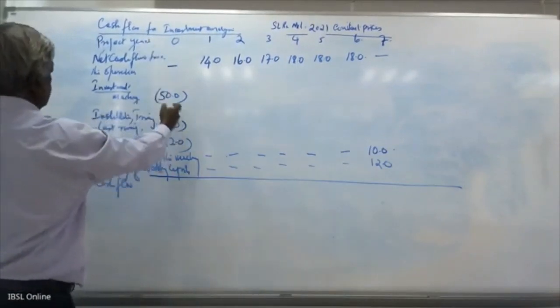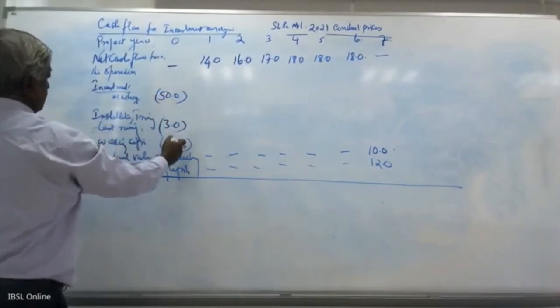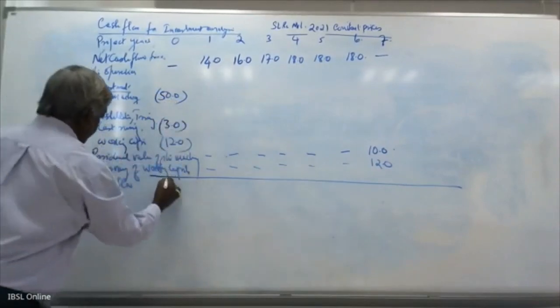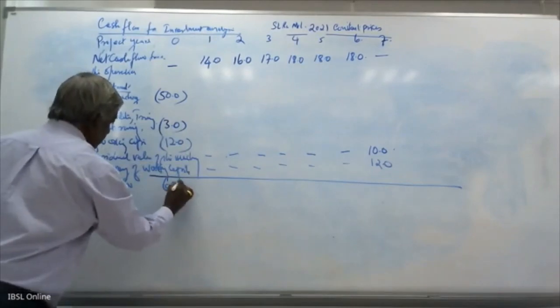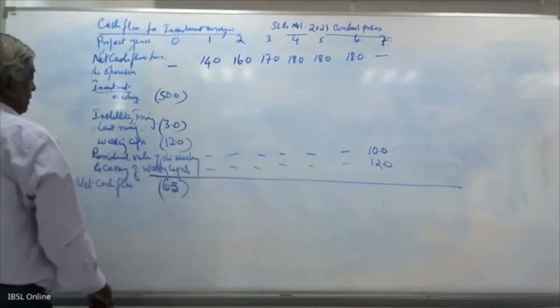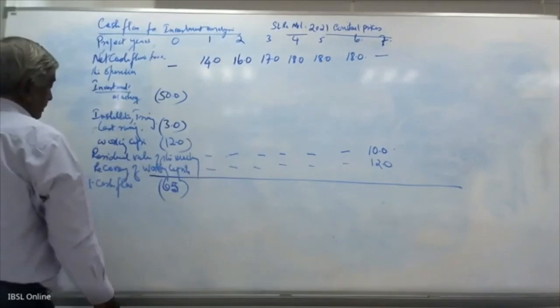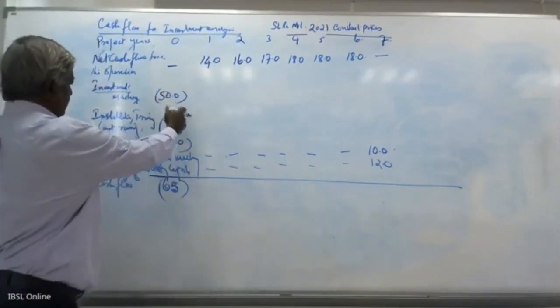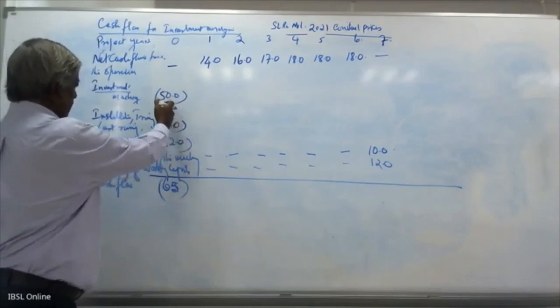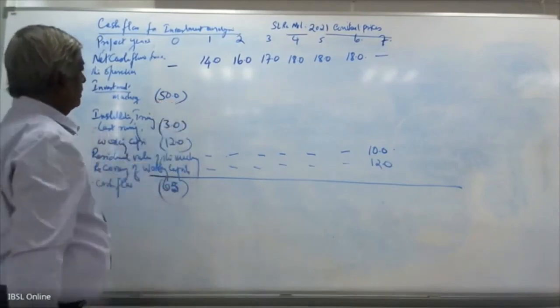Year 0, 65 million. Cash outflow, 65 million, within bracket, 50, 15.